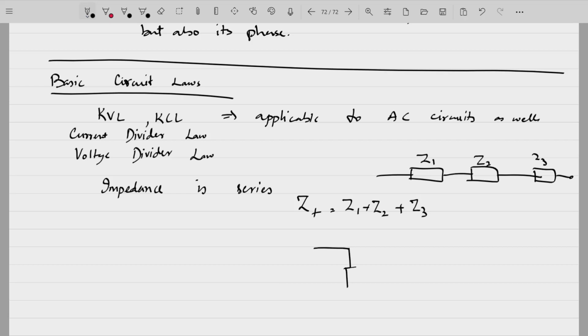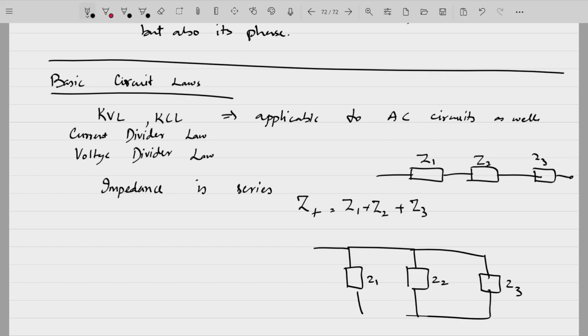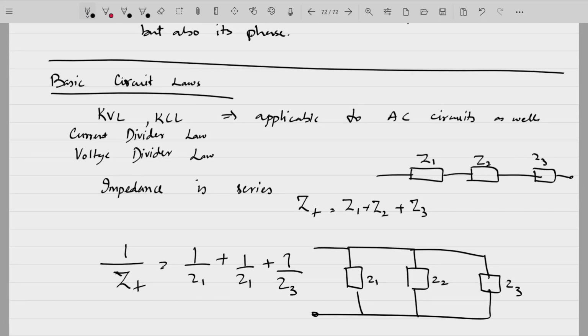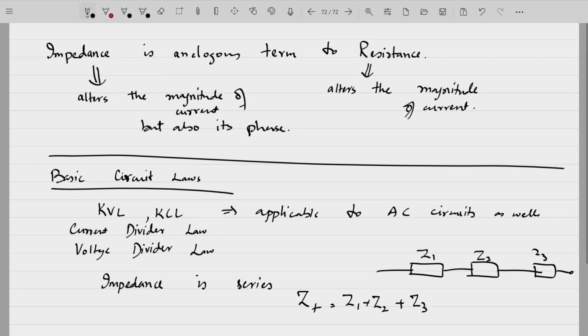And if you have impedances in parallel, Z1, Z2, Z3, and so on, the total Zt will be given by 1 by Zt equals 1 by Z1 plus 1 by Z2 plus 1 by Z3. So these circuit laws are applicable to both DC circuits as well as AC circuits.